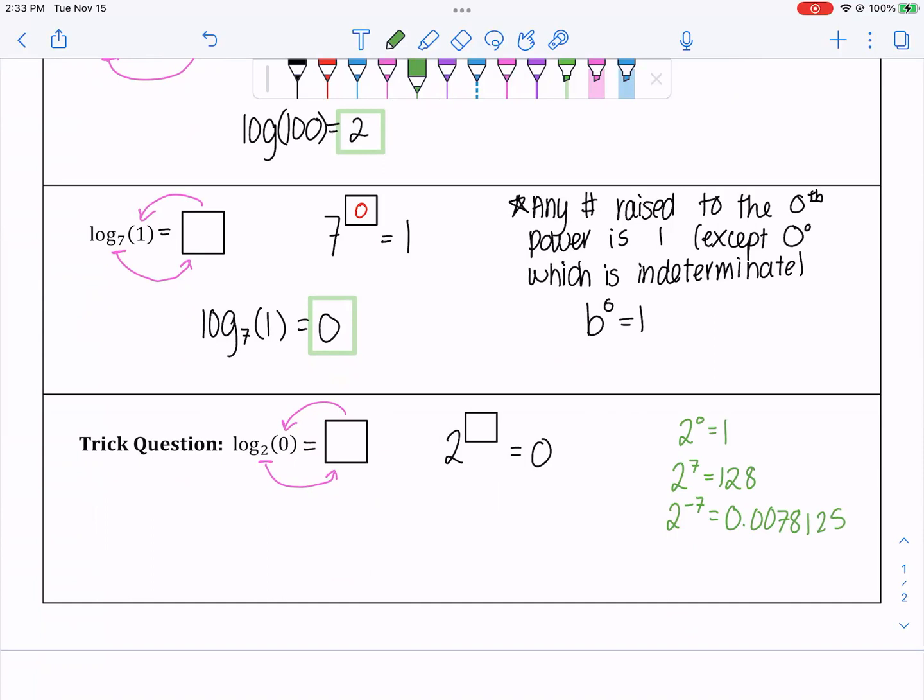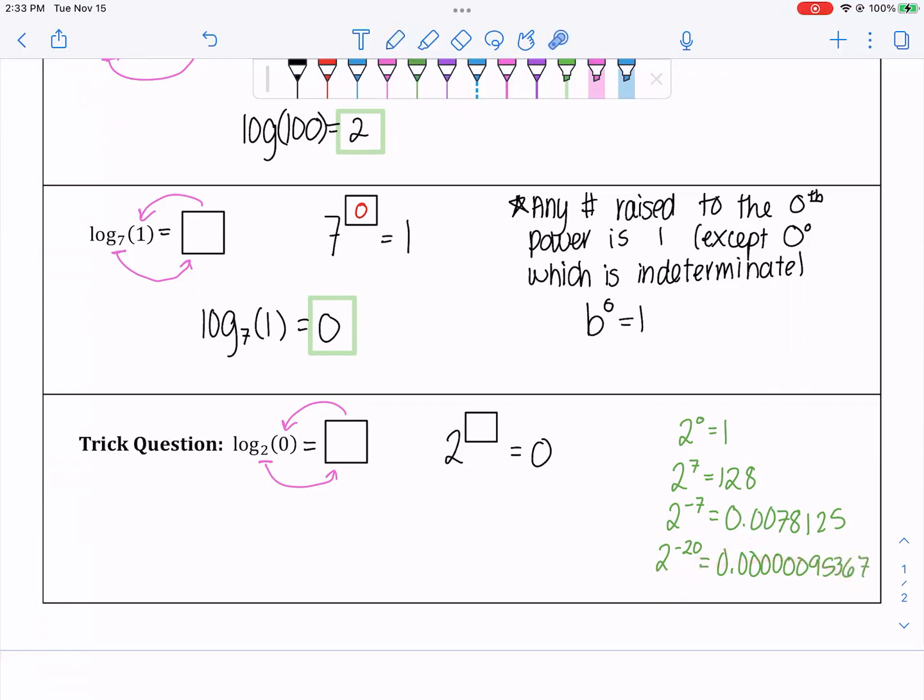If you make it more negative, like 2 to the negative 20, there's 6 zeros here, I think. 0.000000953 6 7.